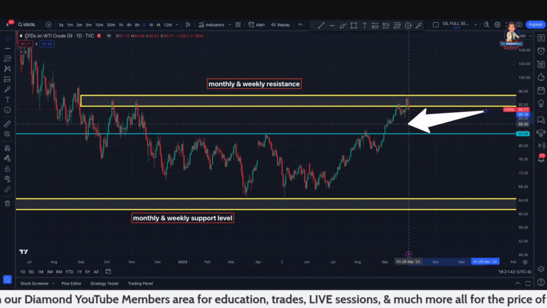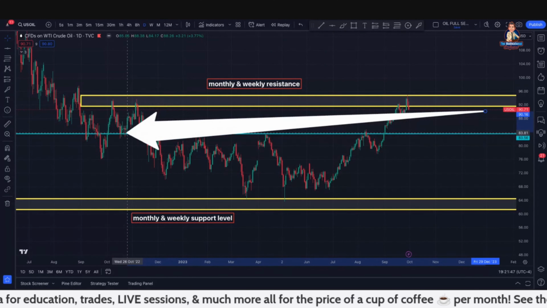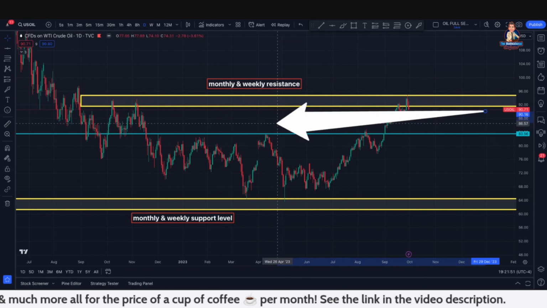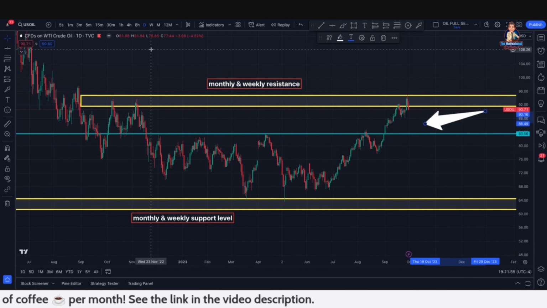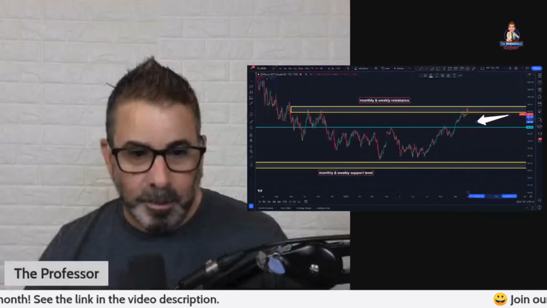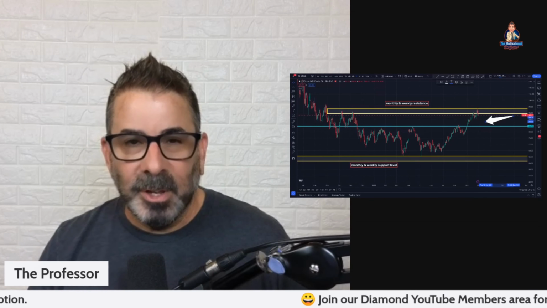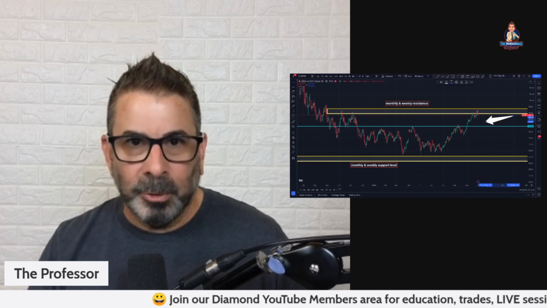Now, the one thing you should note is that this level we can also see here acted as support, but here acted as resistance, here acted as resistance, here acted as resistance. So when you can get a level that acts like both support and resistance, and you have as many touches as that example shows you, then you know that is a pretty strong level.